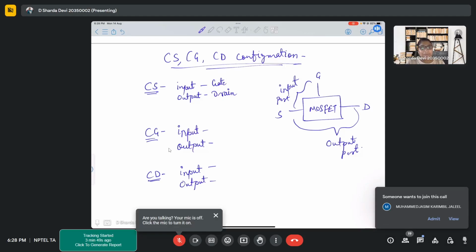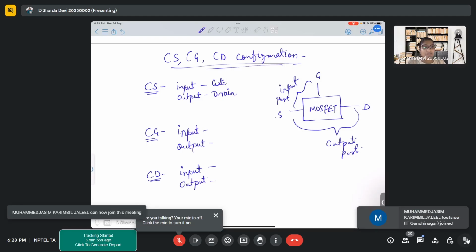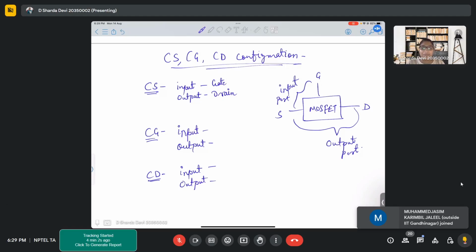So with this idea, let's move ahead and see, okay, when there is a common gate terminal, that means your gate is common. Now you have two terminals left, source and drain. So where will you give your input? Source.